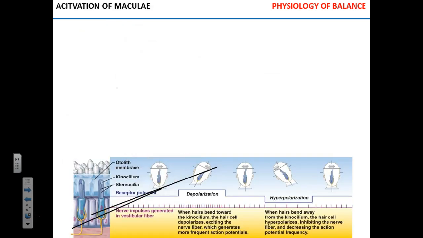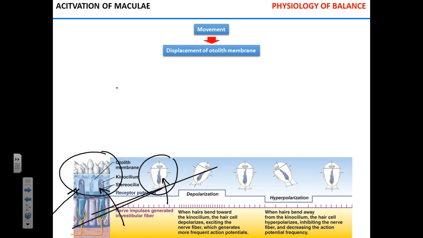So what's going on during the linear accelerations? On the bottom, you can see the fragment of the otolith membrane with stereocilia and kinocilium embedded into the otolith membrane. Now think about that. Here's your head, here's the exemplary hair cell. When your head tilts or moves in the horizontal plane in any other way, the otolith membrane gets displaced.